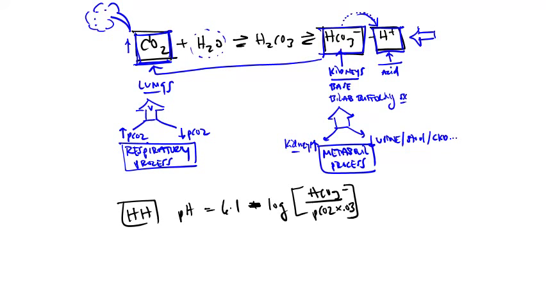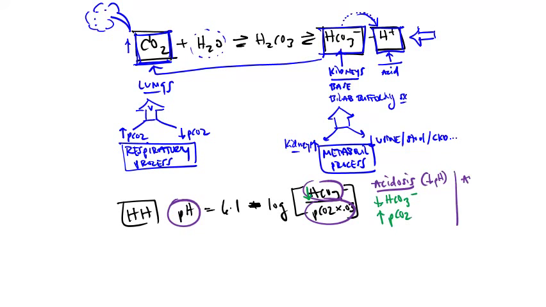And what this is showing is the relationship between these three variables. The ways that you can have an acidosis, or a process where there is a decreased amount of pH in the system, can be a reduction in bicarb, or an increase in PCO2.